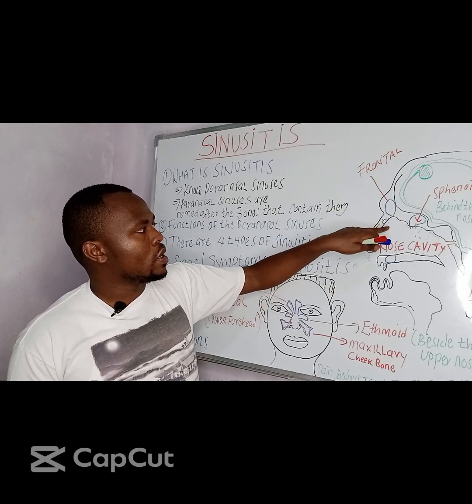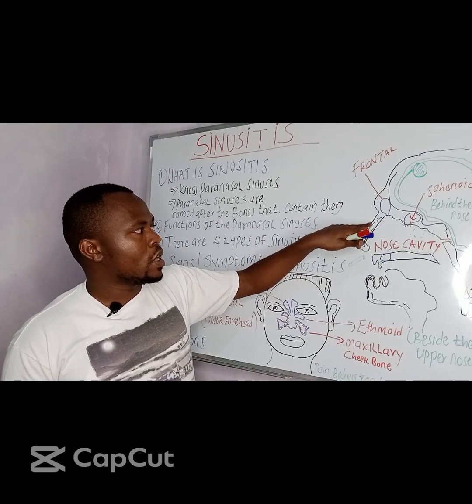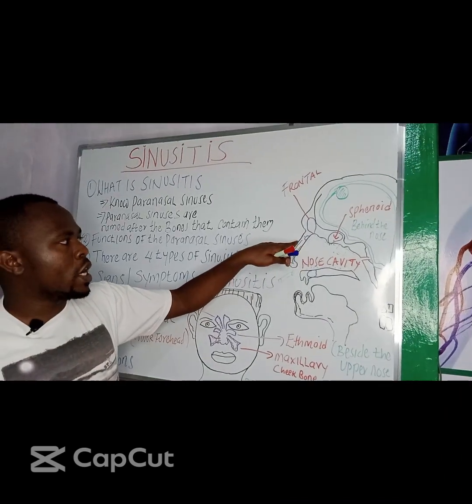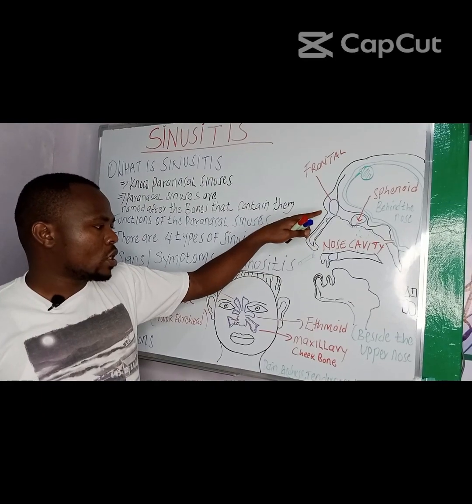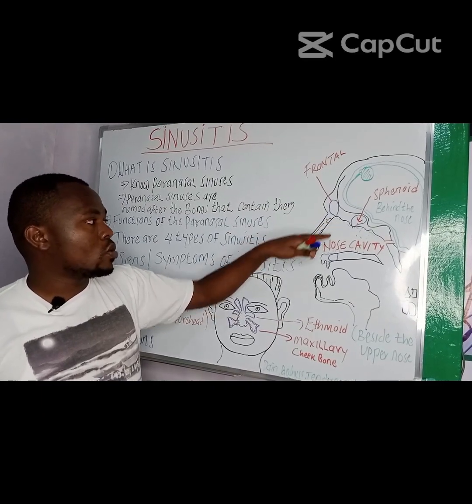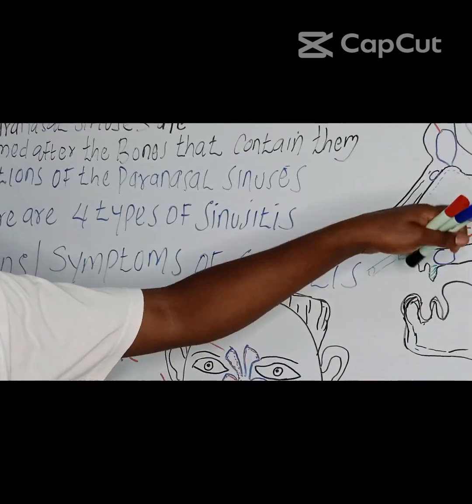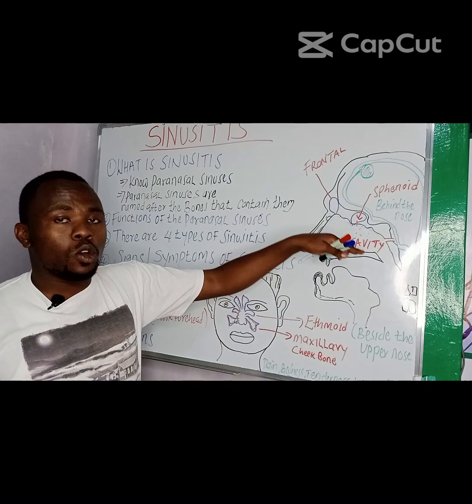This diagram is not showing well, but we have the ethmoid sinus. The ethmoid sinus is located in the ethmoid bone. Ethmoid bone is located beside the nose. Then we have the sphenoid sinus. Sphenoid sinus, we have said, is located in the sphenoid bone or behind the nose.